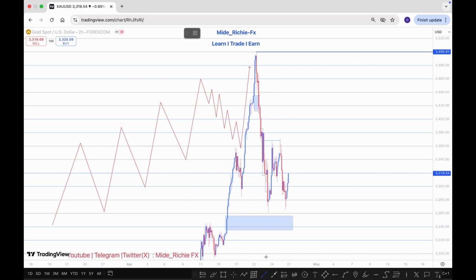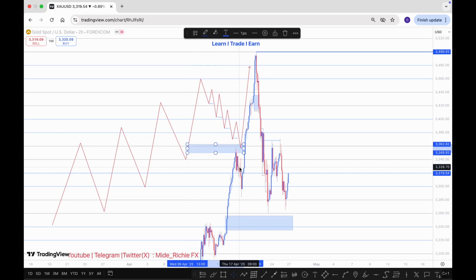So you should take advantage of this internal structure right here, because we have a break of structure, retracement, and mitigation of an internal supply zone. After that, we have another break of structure, then another retracement to the supply zone again, then another break of structure, then another break of structure. Consider here, after each internal break of structure, the market is mitigating an internal point of interest up until the mitigation of the external point of interest, before the overall bullish trend continuation actually takes place.